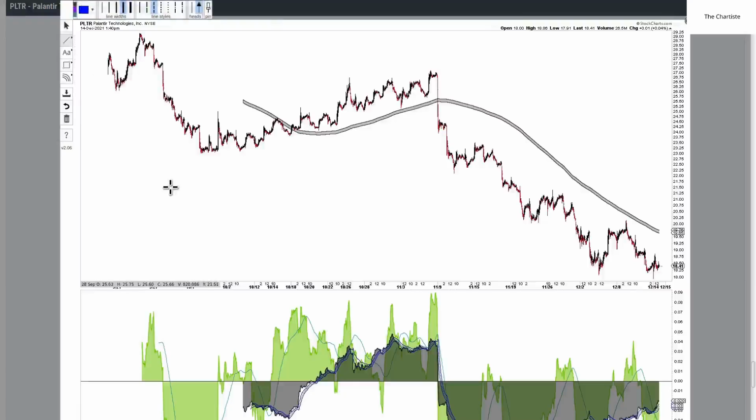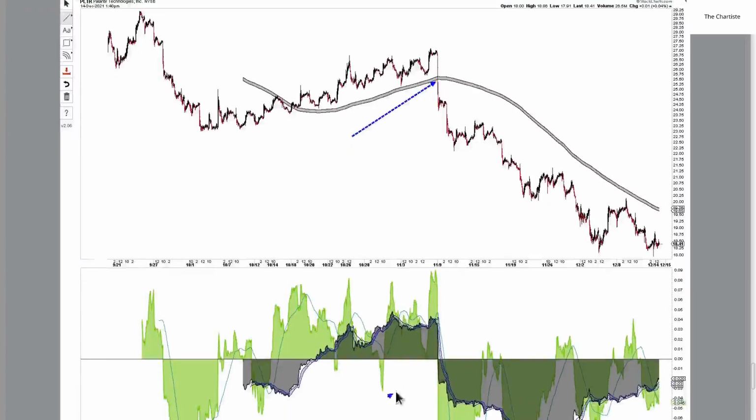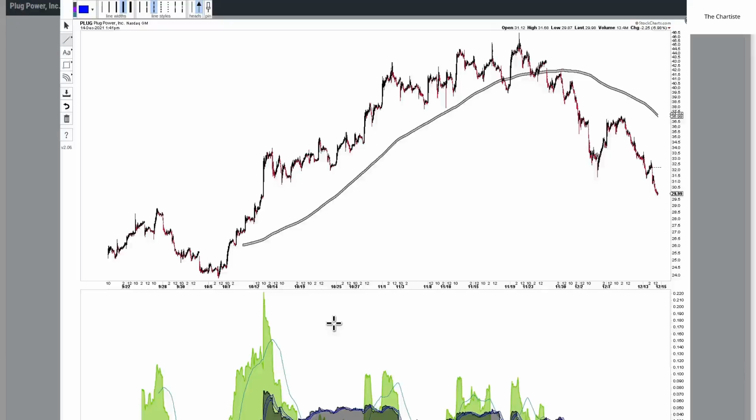10 minutes on Palantir Technologies. Very bad break. Initially you could enter here and try to ride it. But sometimes you have to take a loss. And of course there is an hourly chart and daily chart. Plug Power, 10 minutes.